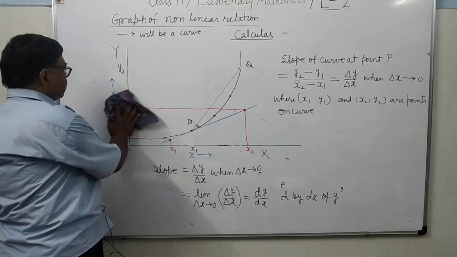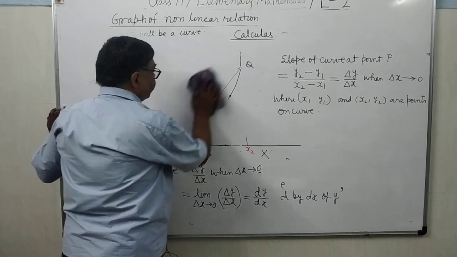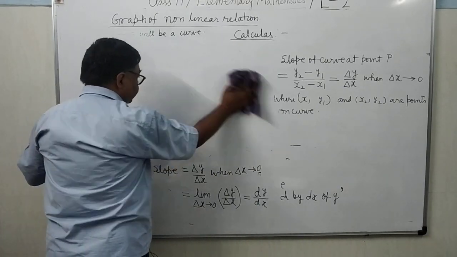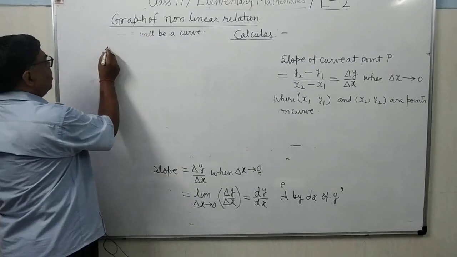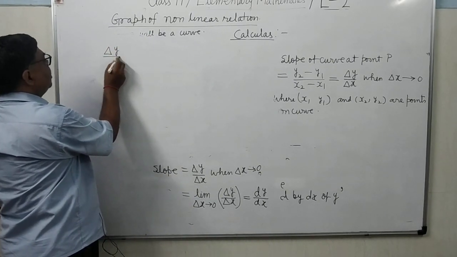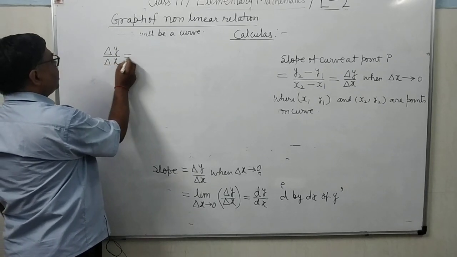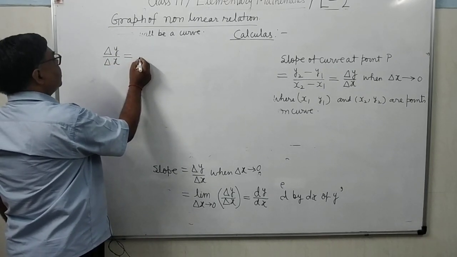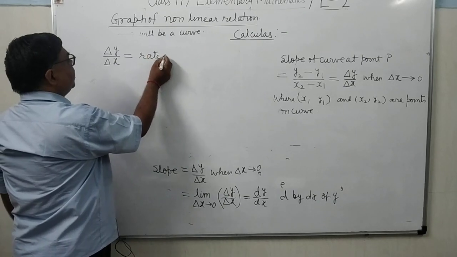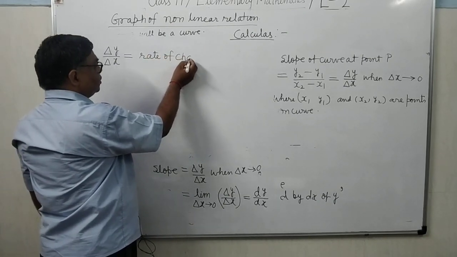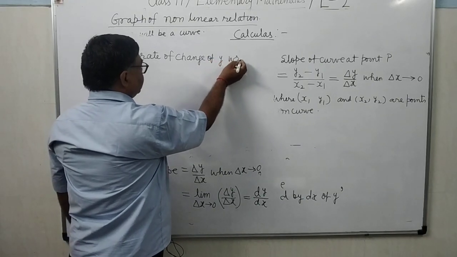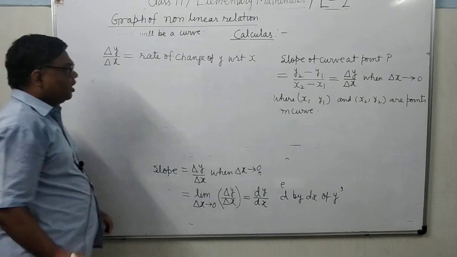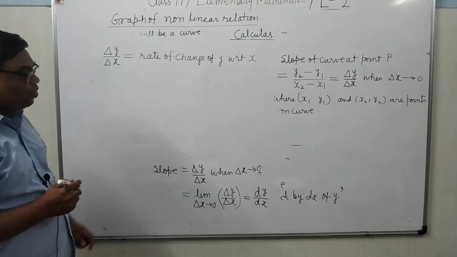So, now I am doing this. As I have already told, delta y upon delta x is the rate of change of y with respect to x.